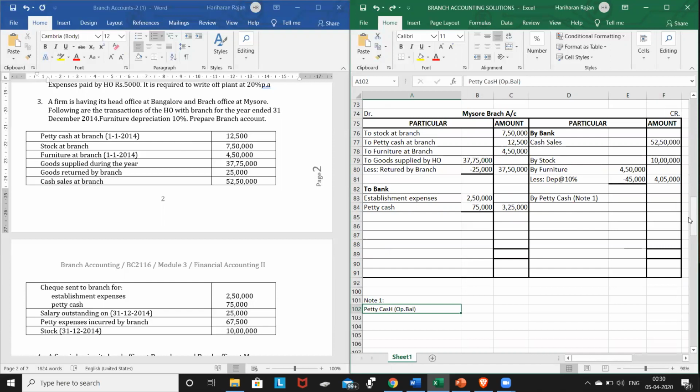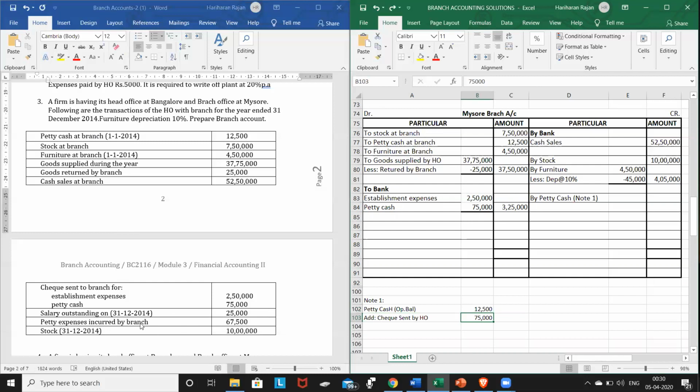What is the note? The opening balance was 12,500. Have we received any other money? Yes, 75,000.